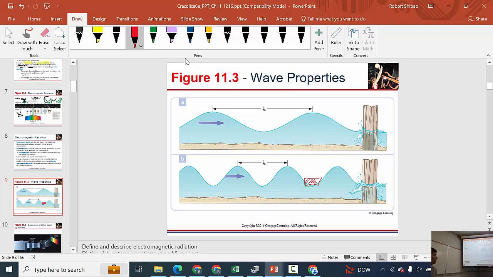Yeah, the small boat is going to be heavily influenced by these waves because it would just go up and down. Like that. Versus, let's say you had a big boat. Is this big boat going to be influenced much by these small ripples? No.